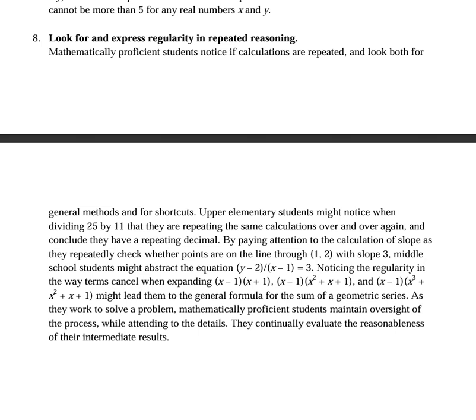As they work to solve a problem, mathematically proficient students maintain oversight of the process, while attending to the details. They continually evaluate the reasonableness of their intermediate results. That was the end of 8, Look for and express regularity in repeated reasoning.